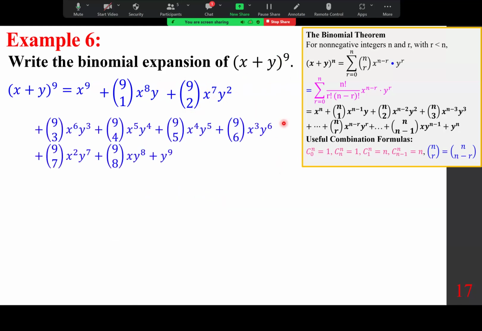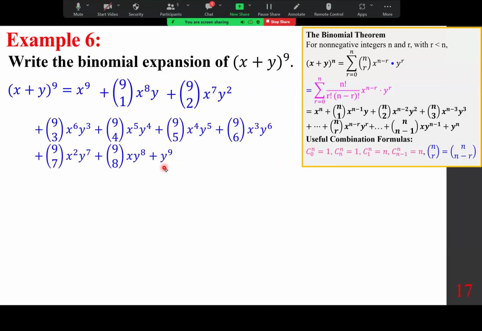So here's the rest of them in the same manner. And again, this one and this one take coefficient 1. As I said, this is C(n,0), this is C(n,n).